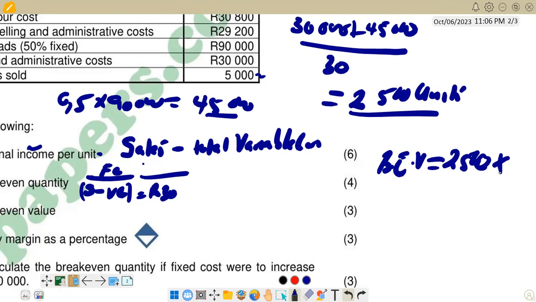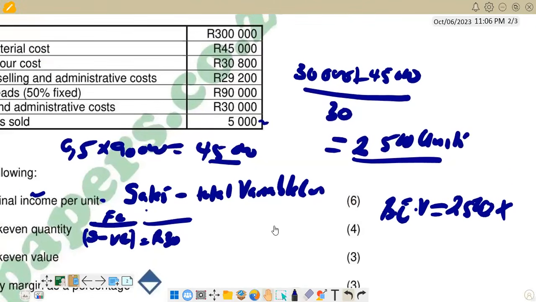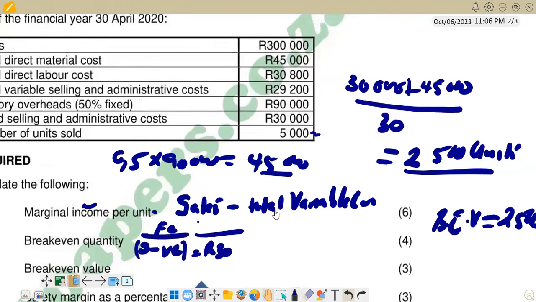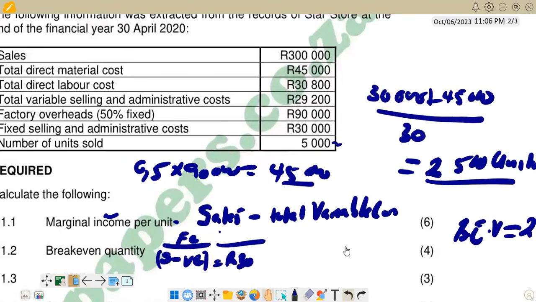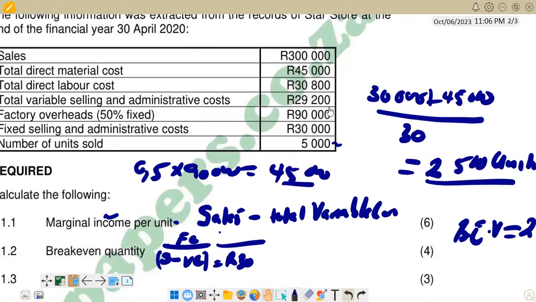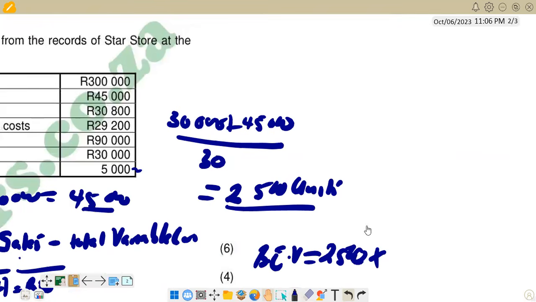Let's check the selling price per unit that we have. We are not given the selling price per unit. We are just given the total for selling price, which is 300,000. Then we divide it by the number of units that are there to get the selling price per unit. So we are going to say 5,000 into 300,000.